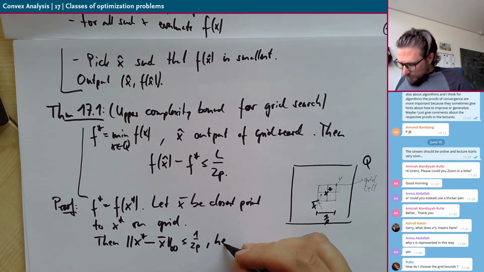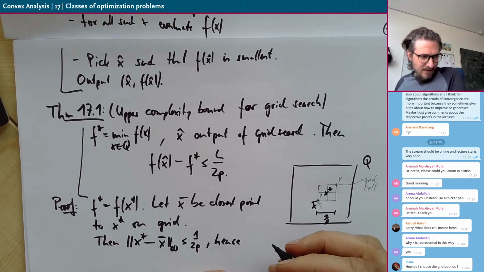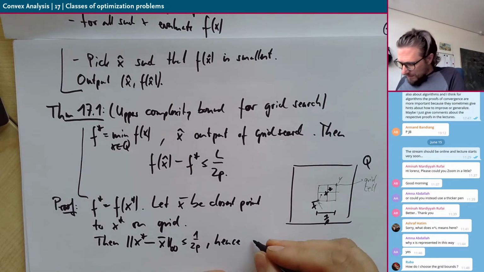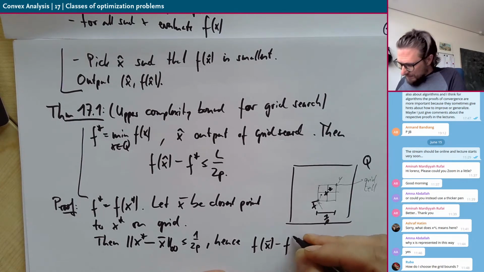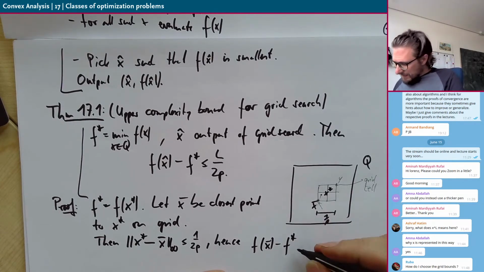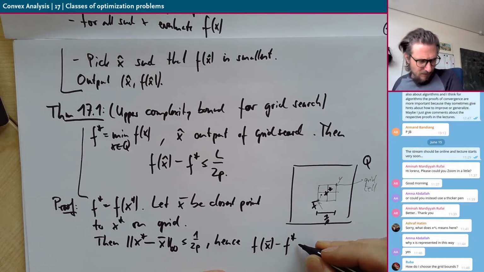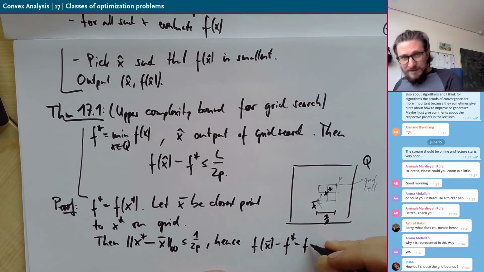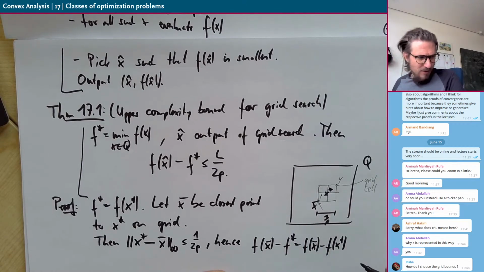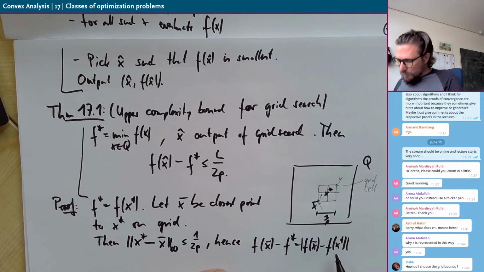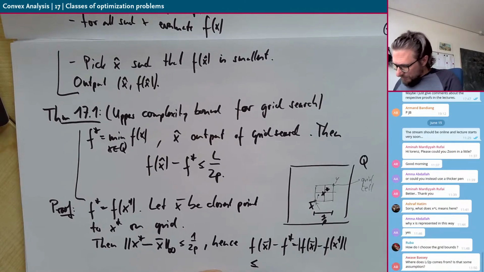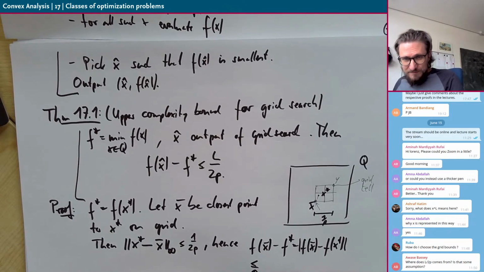Okay, and so by Lipschitz continuity, we have that this f of x bar minus f star is the same as f of x bar minus f of x star. We can also use absolute values here because this is already smaller than that, and then we can bound it from above by Lipschitz.